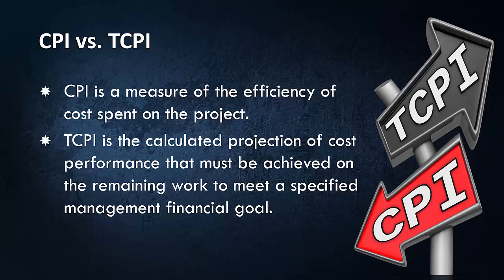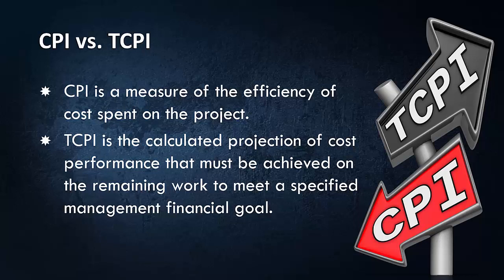While many practitioners of earned value management understand the utilization of the CPI, many have not used TCPI at all. And it's a pity, because when you use TCPI in conjunction with the CPI, it provides a very powerful set of tools in the management and forecasting of your projects.